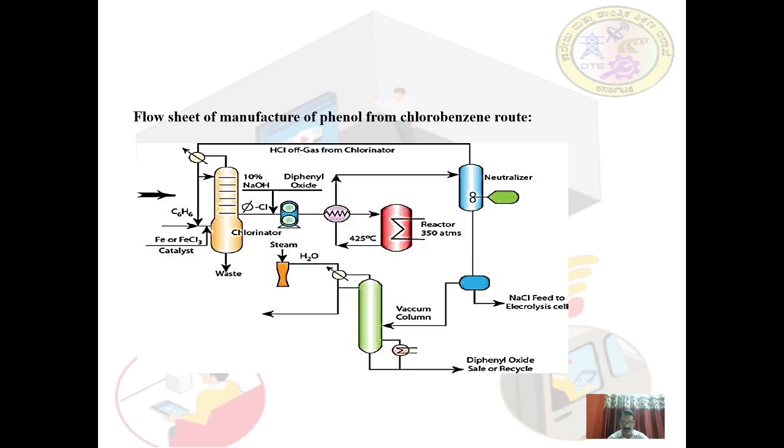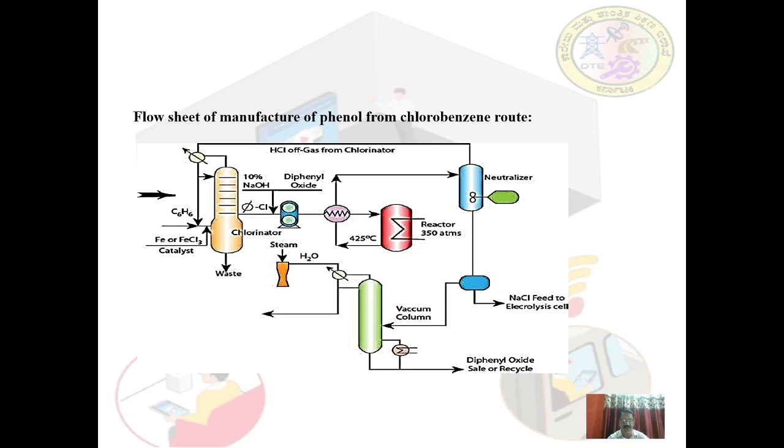Heat is removed from the reactor by exchange in the feed preheater. The cooled hydrolyte is acidified in a neutralizer, which liberates phenol and sodium chloride.